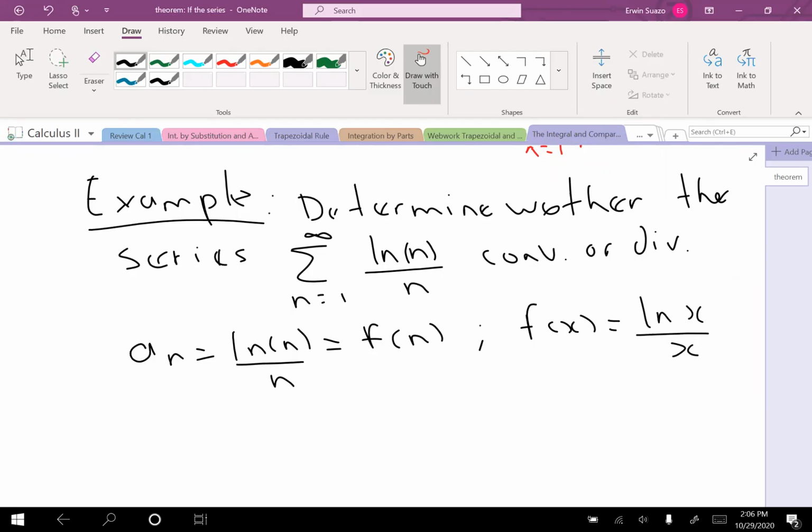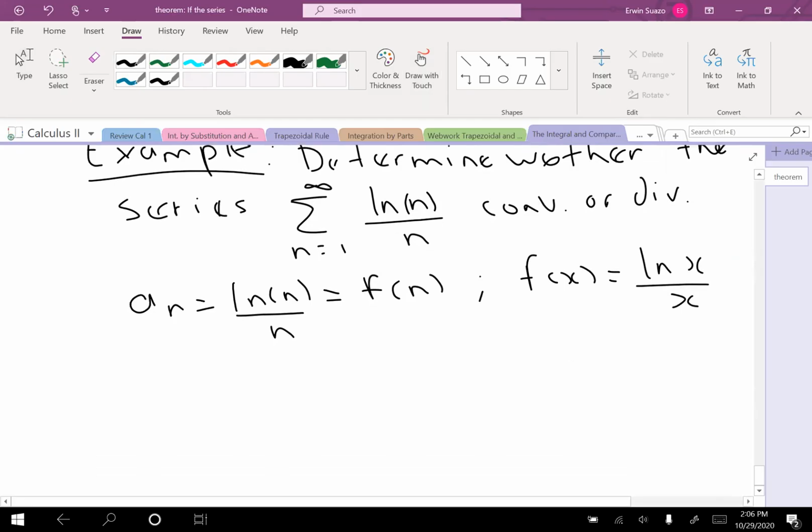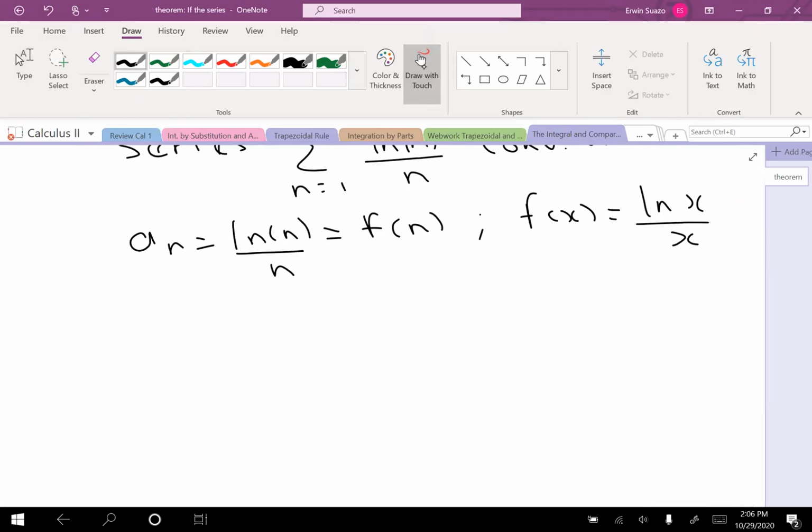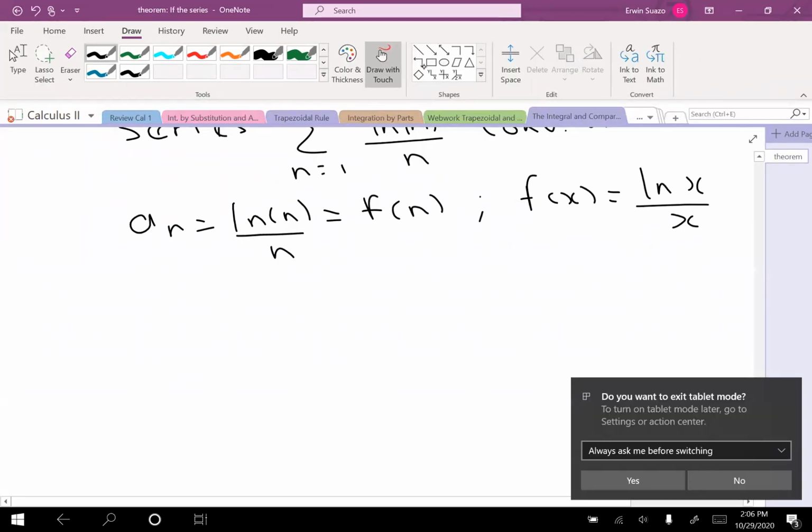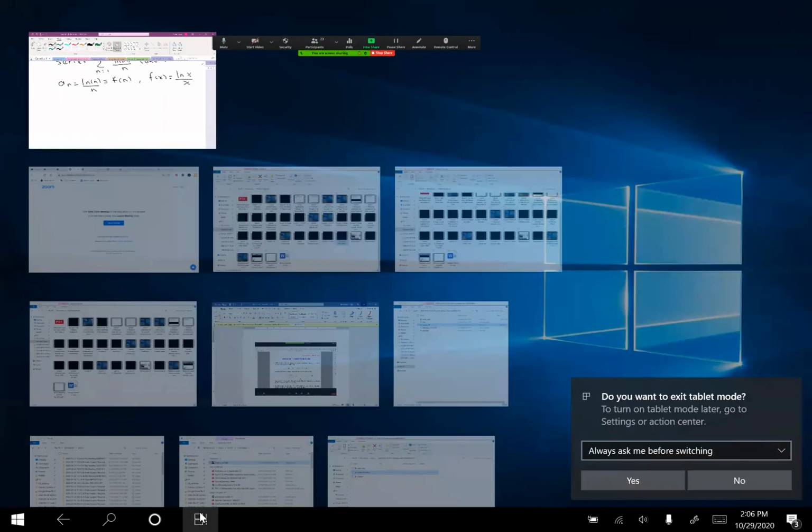So let's see first, before doing all this, one way to figure out fast whether you can apply the test or not is that the function must be decreasing. So first thing you can do is just graph it.